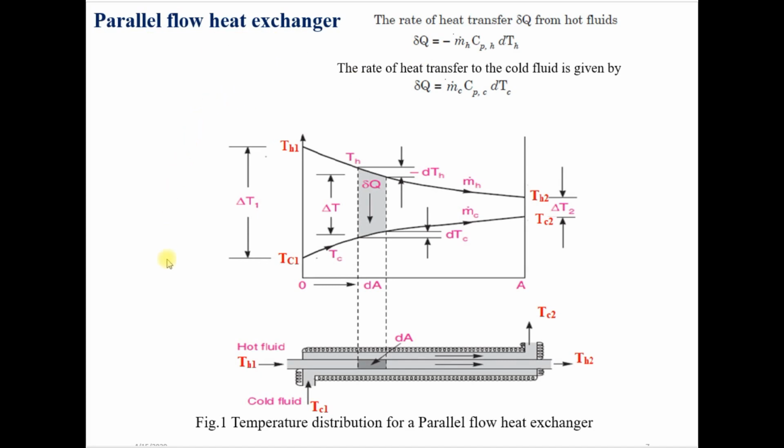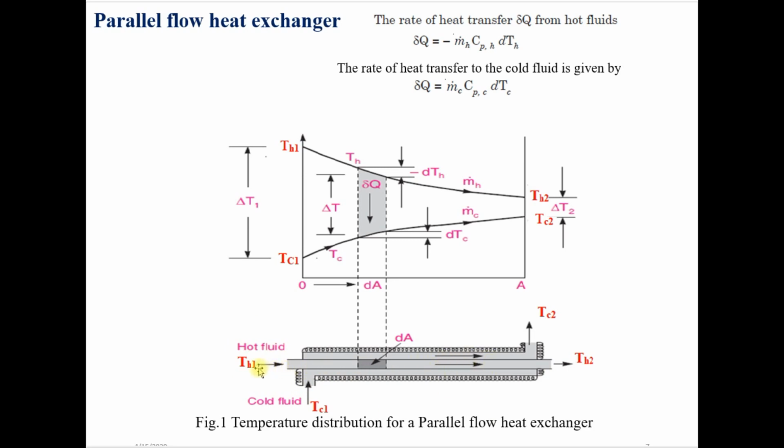Before going into the derivation part, please draw this diagram of temperature distribution for parallel flow heat exchanger so that you can easily understand this derivation. Here, the hot fluid and cold fluid flow in the same direction.